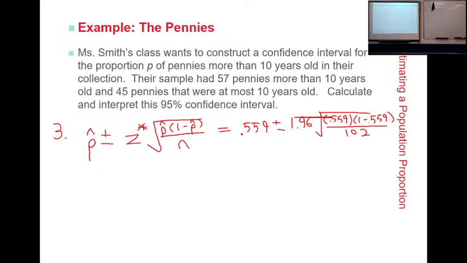Answer. 0.462, 0.655. I'll show that in just a minute. There's an easy way to get it out of the calculator. I will show it in just a minute. Let's finish this up and interpret it first before I go to a different screen.